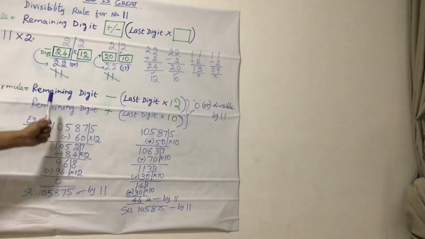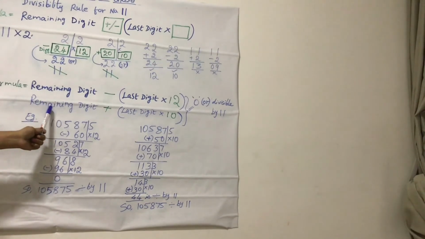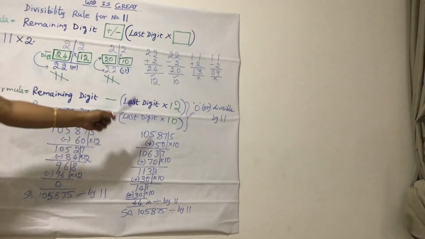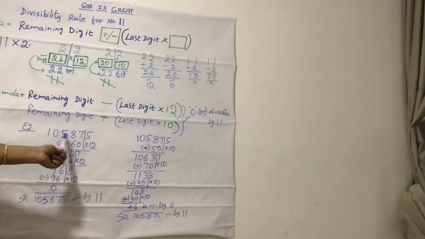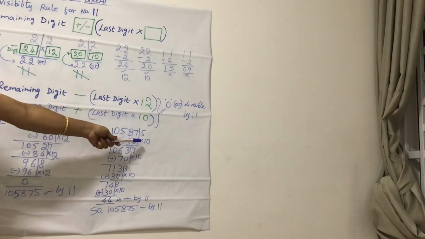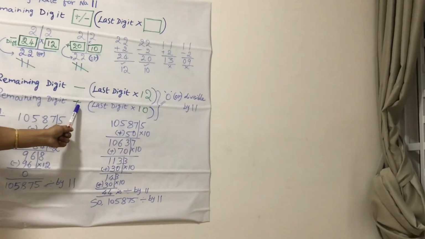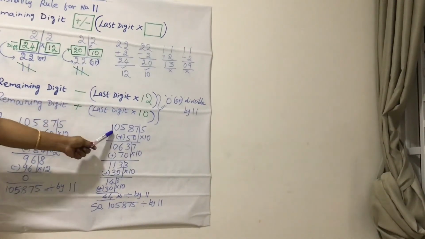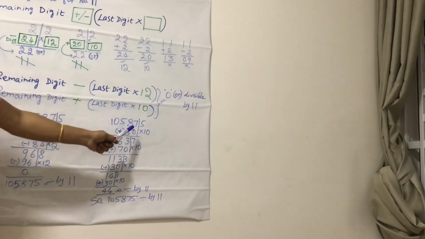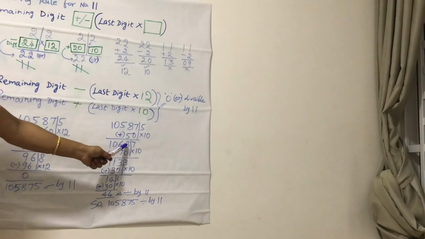So let us check with the next formula: remaining digit plus the last digit into 10. I have used the same number 105875, and the last digit is multiplied by 10 and added to the remaining digits. 5 times 10 is 50. If I add it to the remaining digits, I get 10637.